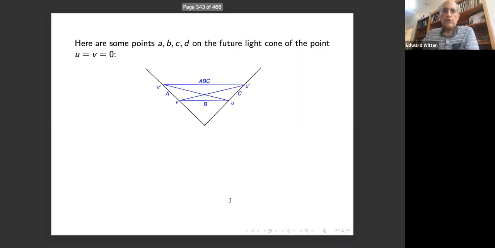Now, this point at the vertex is meant to be the origin in 2-dimensional Minkowski space. U and V are meant to be light cone coordinates. So this is meant to be a light ray parameterized by U, and this is another light ray parameterized by V. I think I drew an angle a little bit bigger than pi over 2, which it was meant to be. And then I've drawn some points U and U prime and also V and V prime on the 2 light rays.